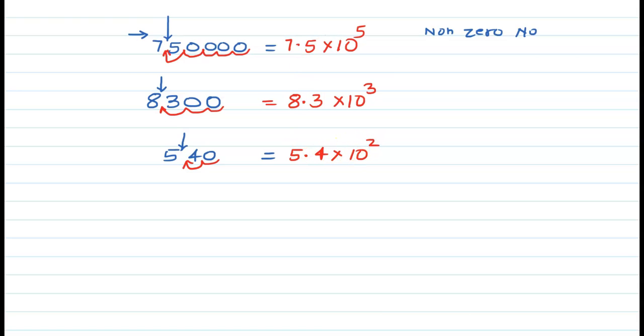What if the number is like this: 68. Again, the first non-zero number is here and you start counting backward from here to here. So you can write down 6.8 into 10 to the power 1. Either you write 10 to the power 1 or you can write 6.8 into 10. Okay, both are right.